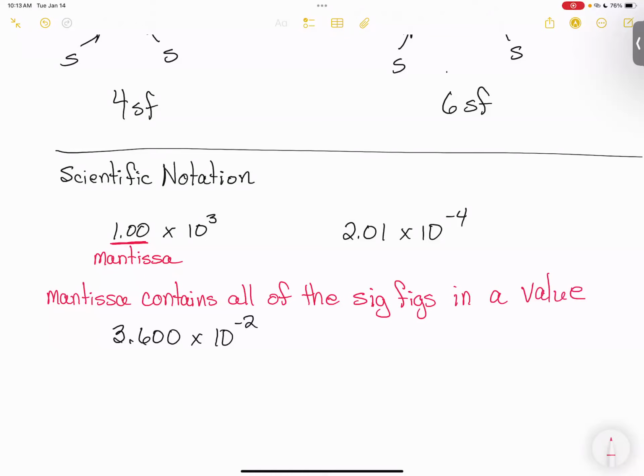What I mean by that is that this first one has 3 significant digits because there are 3 digits in the mantissa. The next one has 3 significant digits because there are 3 digits in the mantissa. The last one has 4 significant digits because there are 4 digits in the mantissa.